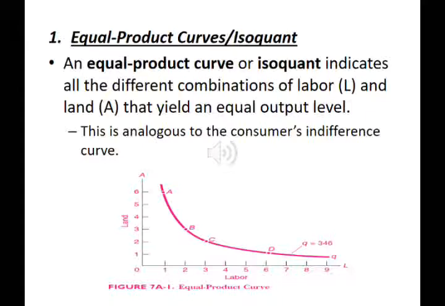If you remember from our numerical example, Q equals 346, we were able to produce this output using 4 different production functions, A, B, C, and D. And each of these production functions uses a different combination of the two factors of production. And this is what we get from an isoquant.